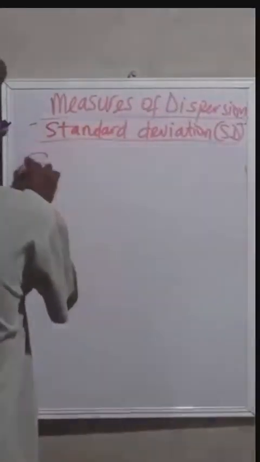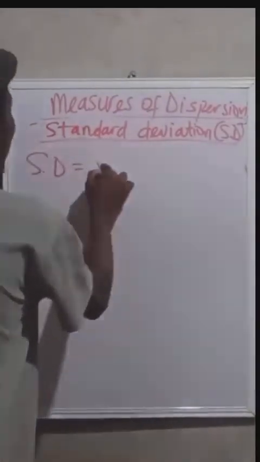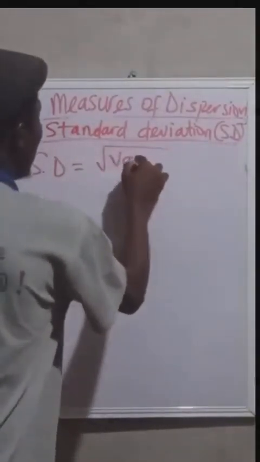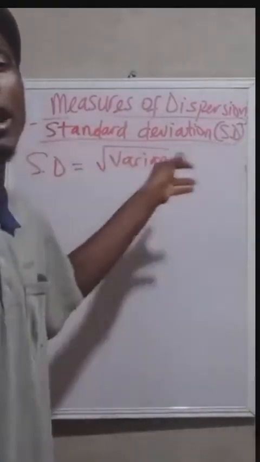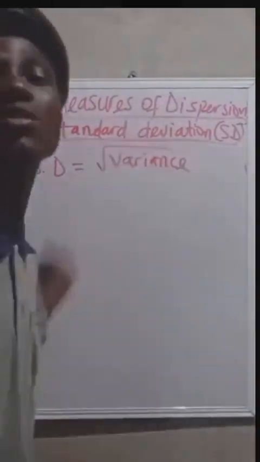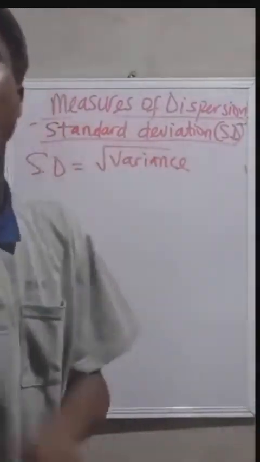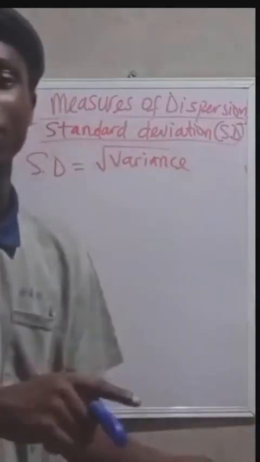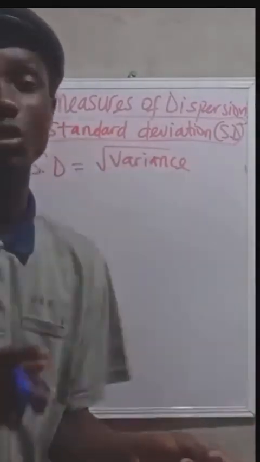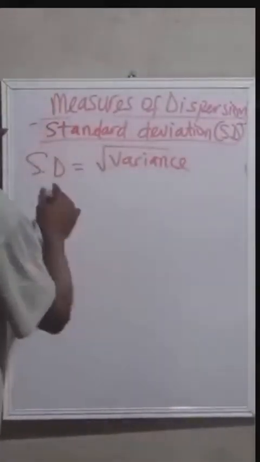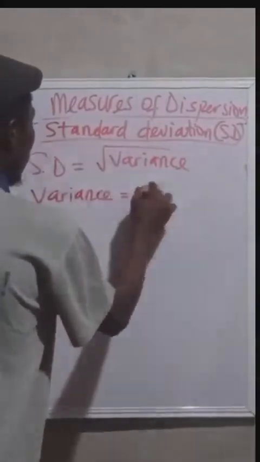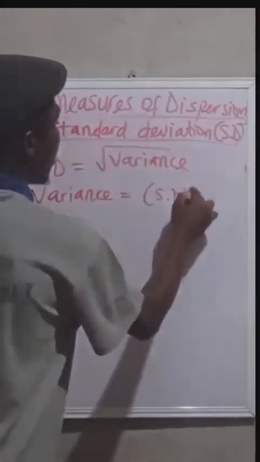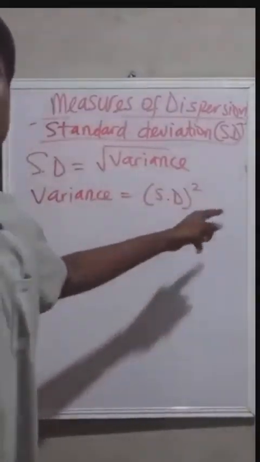Standard deviation is the square root of your variance. That means the square of your standard deviation is your variance. Variance equals SD squared.